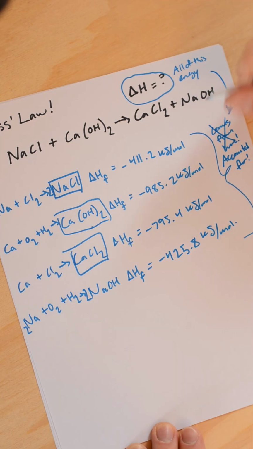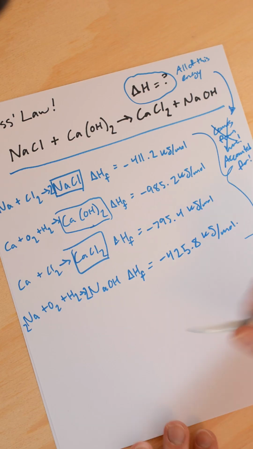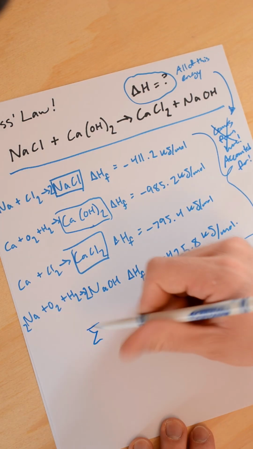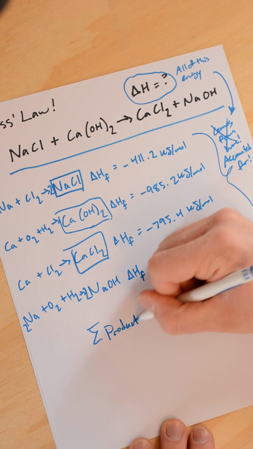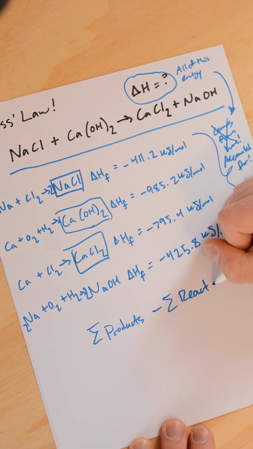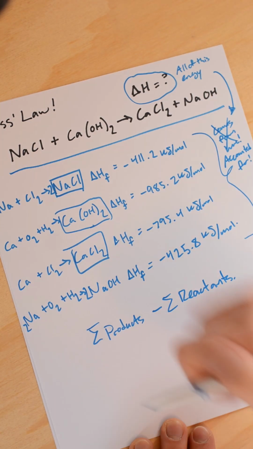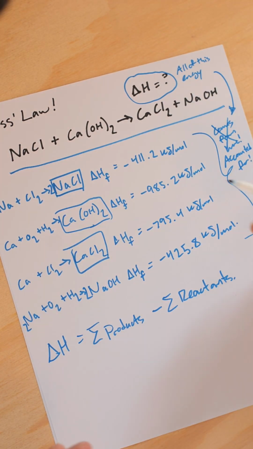All of the energy that is present in this reaction can be expressed, therefore, as a difference of the sum of the energies required to form the products and the sum of energies required to form the reactants as compounds. That will give us the enthalpy for this reaction, because again, just to reiterate the laws of thermodynamics, energy cannot be created or destroyed.